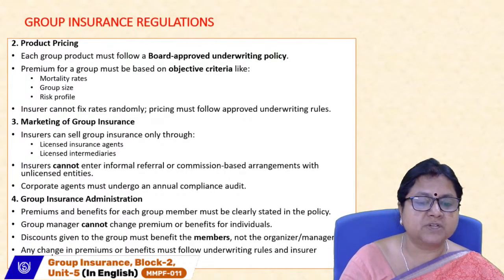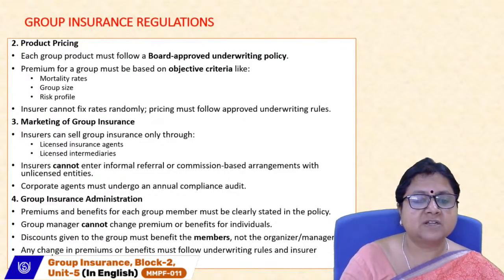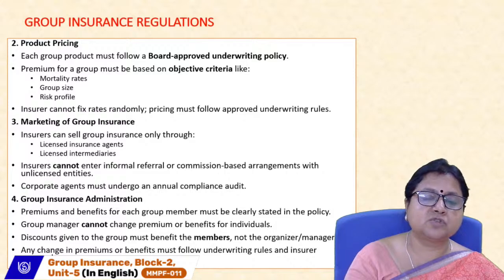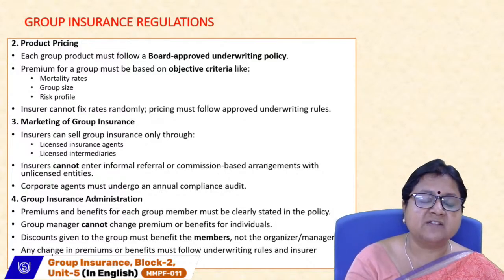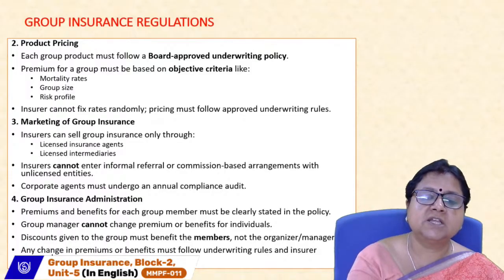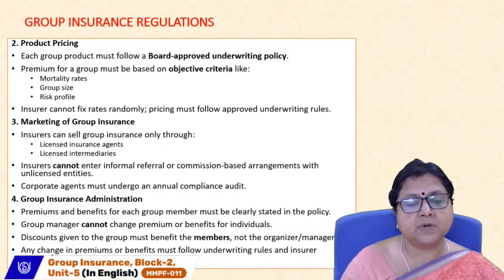Discounts given to the group must benefit the members, not the organizer. So if there is any discount in the premium, suppose they give a discount of 50 rupees on every premium, the discount will also be spread equally. If the premium is 500 rupees and they have given a discount of 50 rupees, obviously the discount is spread among all the members and every member will be paying a premium of 450 rupees.